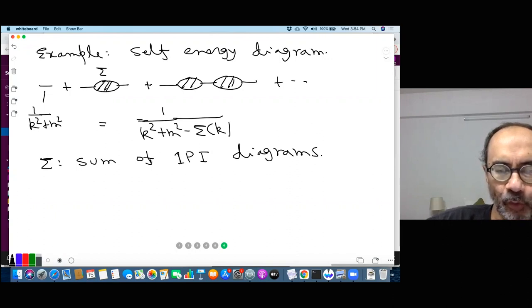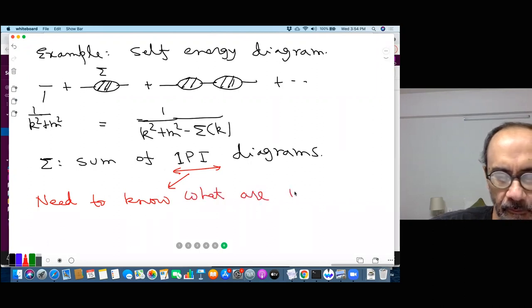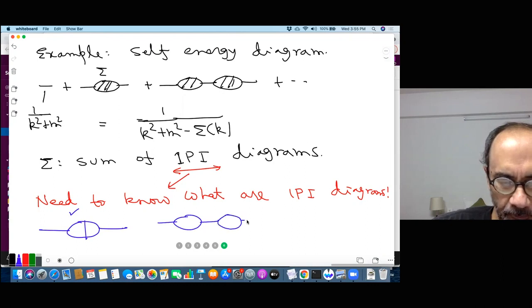Now, to implement this, we need to know the definition of a 1PI diagram. So, for example, in a quantum field theory, this is a two-loop 1PI diagram, but this one is not. So you should include this, but not this.